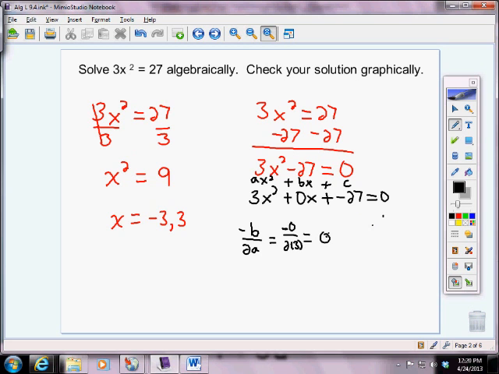Now we want to figure out what the vertex is. I apologize for my stylus kind of freaking out again. So remember, what we do is we set up an input-output table. You're going to have your x values and your y values.